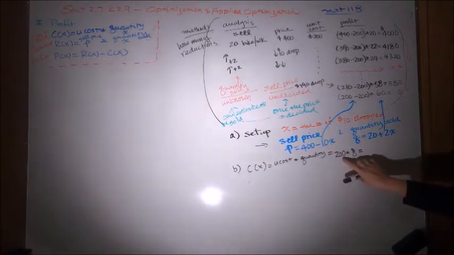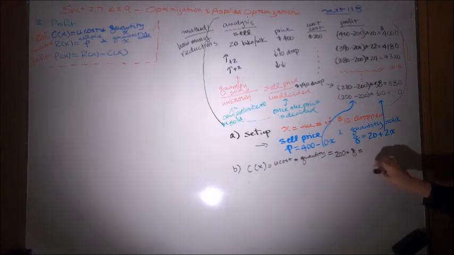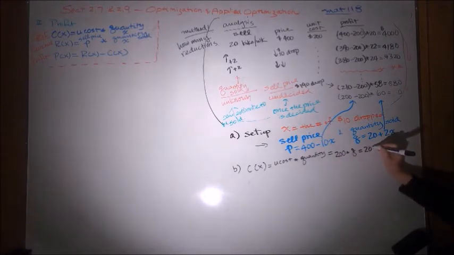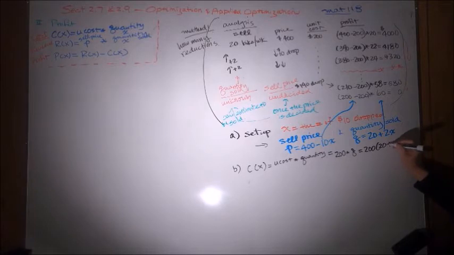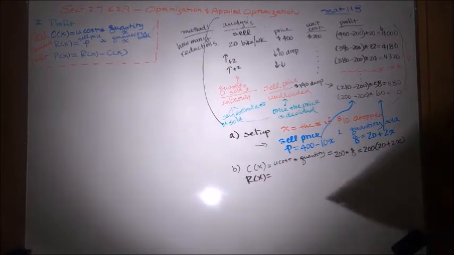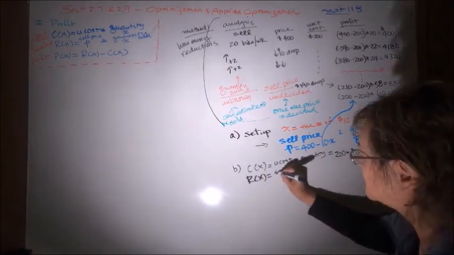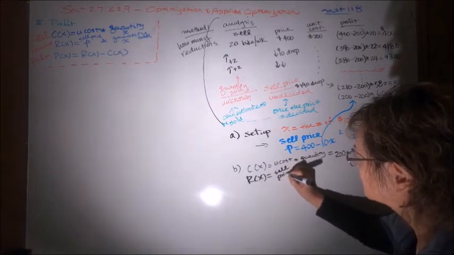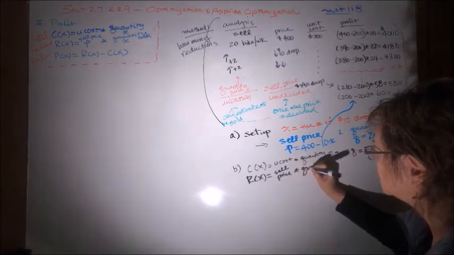Okay, so for cost, it would be $200 times Q, that would be 200 times (20 plus 2x), right? Then your revenue would be your sale price times your quantity sold.